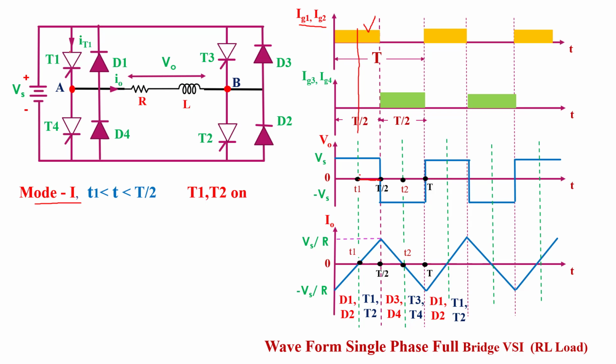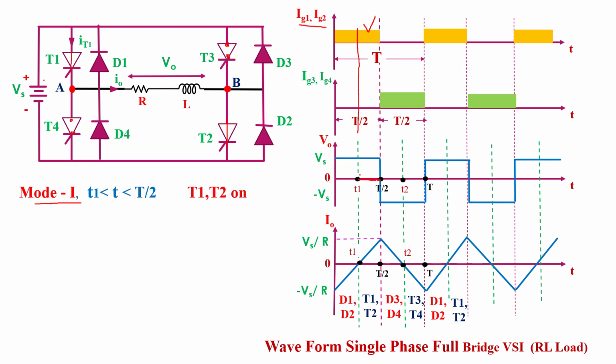When a thyristor turns on, it behaves like a closed switch. So T1 behaves like a closed switch and T2 also starts conducting and behaves like a closed switch. But T3 and T4 thyristors will be turned off, so they behave like open switches.